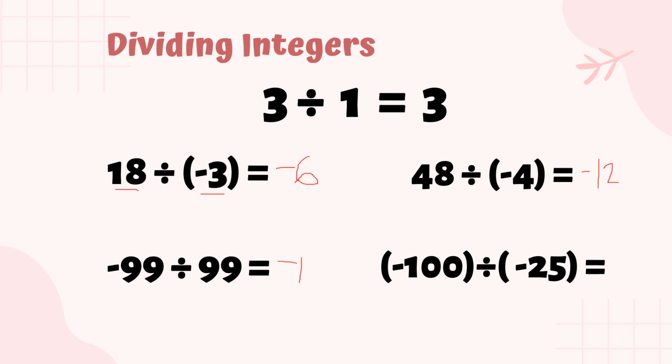So notice that they have the same sign. So negative divided by negative is positive. So again, if they have the same sign, simply divide the two numbers and the result is positive. 100 divided by 25 is 4. So again, negative 100 divided by negative 25 is equal to positive 4.